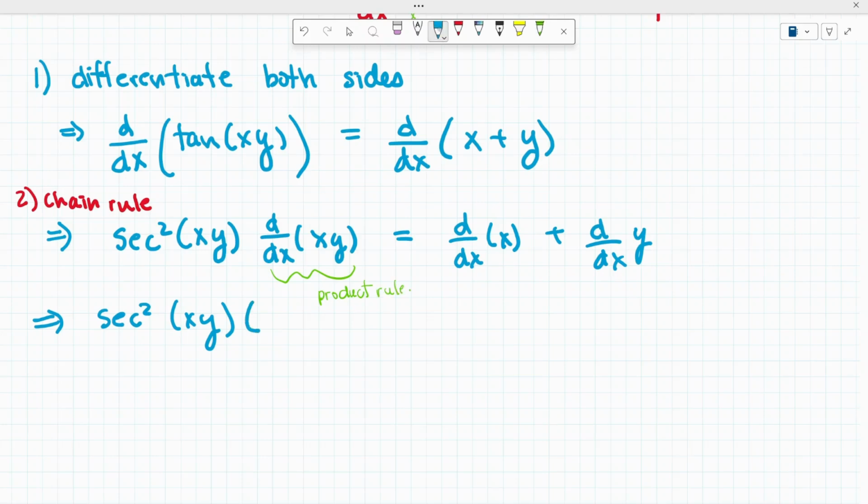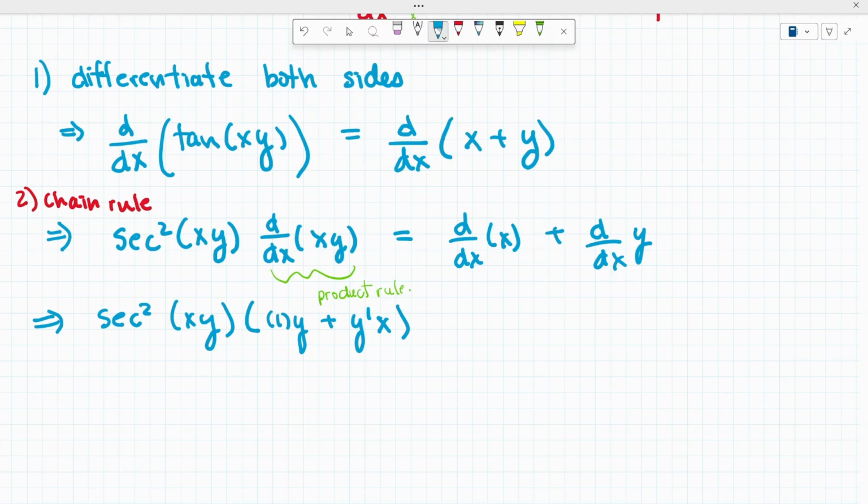So here, by doing this, we have the derivative of the first one, which will be 1, times the second, which is y, plus the derivative of the second. So what is the derivative of y here? It would just be y prime times the first.